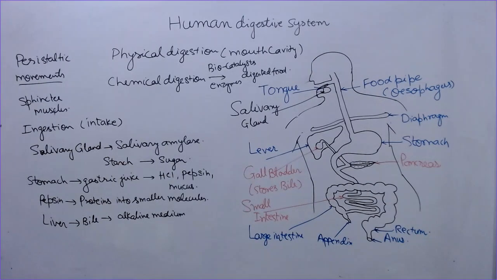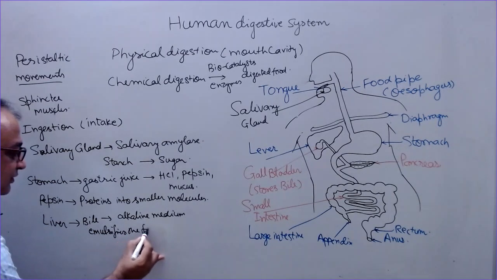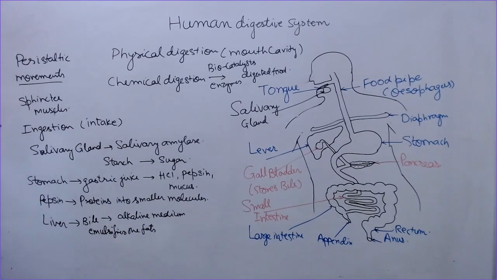It contains salts which help to emulsify. Emulsification means breaking the larger molecules into smaller molecules. So the salts present in the bile help to emulsify, or break, the fats or lipids present in the food. So bile emulsifies the fats, which are also known as lipids.